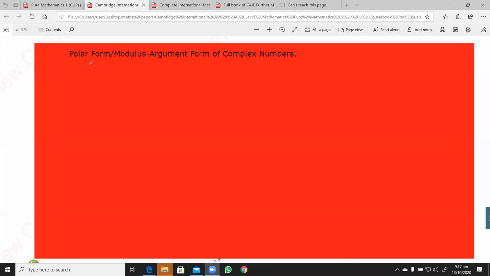We have recently seen that if there is a complex number z equal to x plus iota y, the same complex number can be written in the form z equal to r cos theta plus iota sine theta.